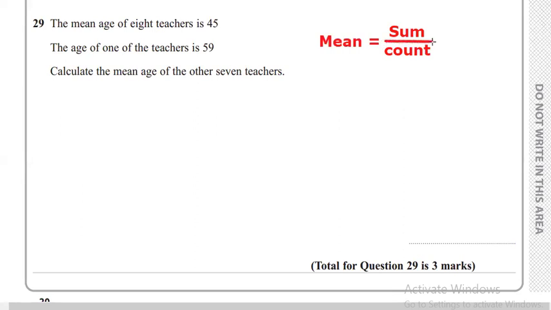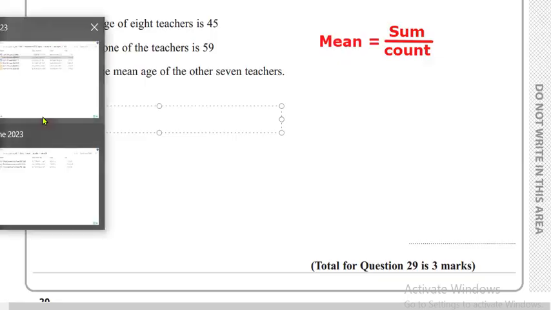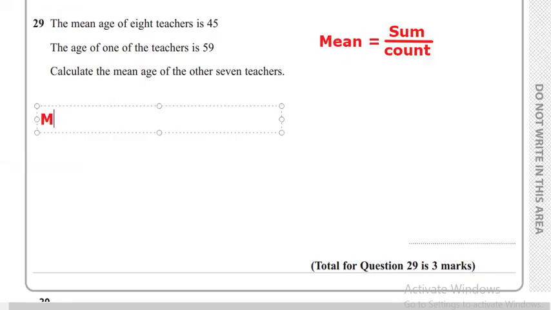Now, we're going to use this to solve this problem. So first, the mean age of 8 teachers is 45. So I'm going to write mean. Let me make it blue here. So the mean of 8 teachers, let's put it in brackets, of 8, equals what? Equals the sum, which I don't know, over 8.